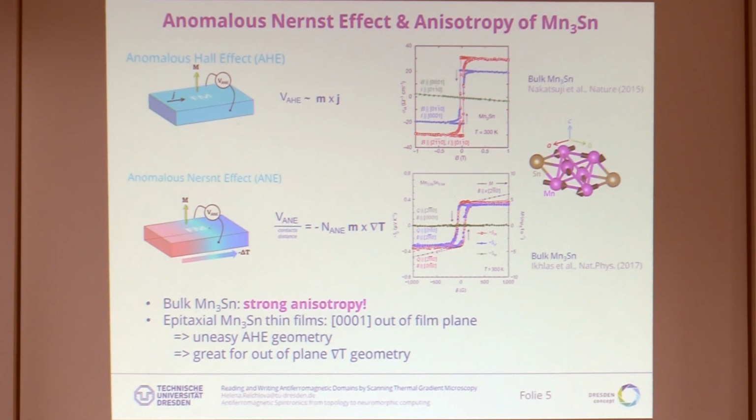However, this is actually a very big advantage, as I will mention later, for the thermal gradient application, because the thermal gradient does not need to be applied only in plane, but can be applied also out of plane, and this is exactly what we exploited.